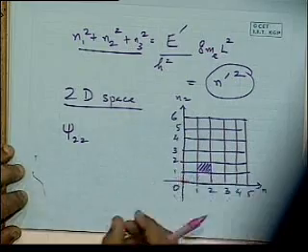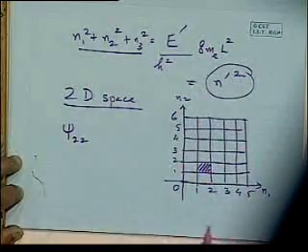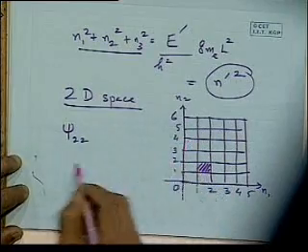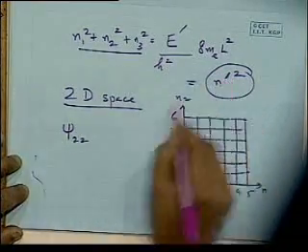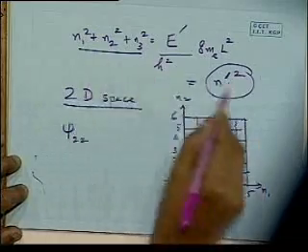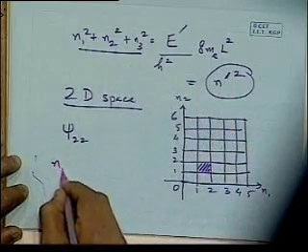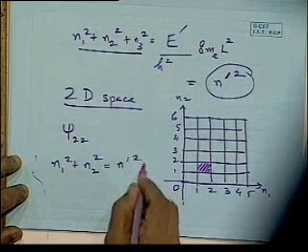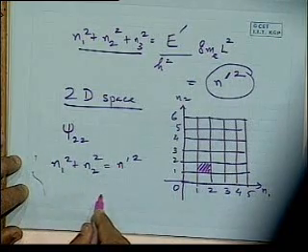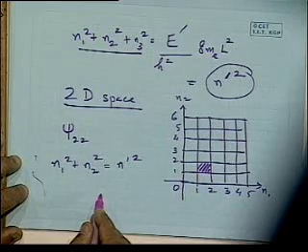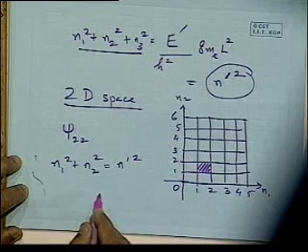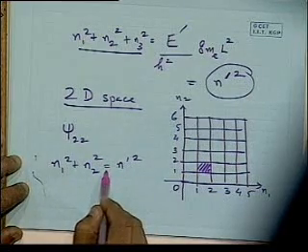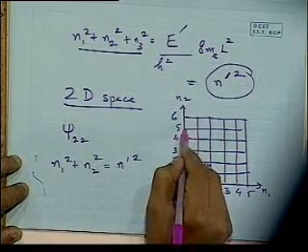Each of these boxes has some unit area in this n space, and similarly for the others. Now, if n dash squared is the maximum, and in this particular case we are limiting ourselves to two dimensions, my equation is simply n1 squared plus n2 squared equals n dash squared, which is simply the equation of what? What kind of shape is this? It's a circle. So if I limit myself to some radius n dash, we draw something like this, let us say.